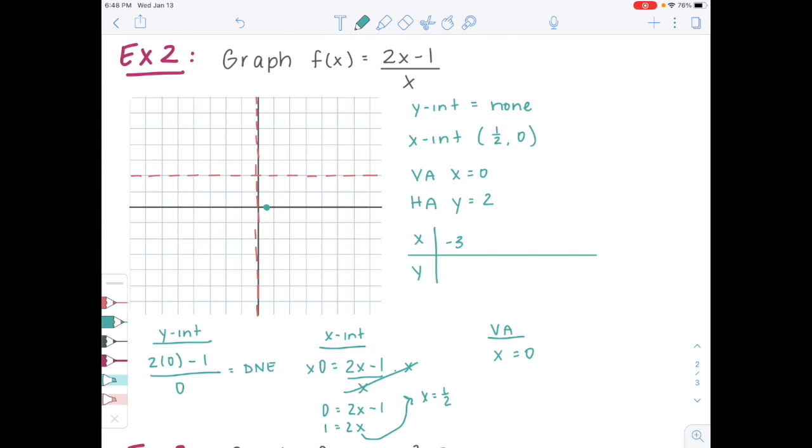When we plug in -3, I get 2 times 3, which is 6, minus 1, over -3. 6 minus 1 gives us 5 over -3. 5 over -3 is almost -2, but not quite. So when I'm back 3, this is a -6.